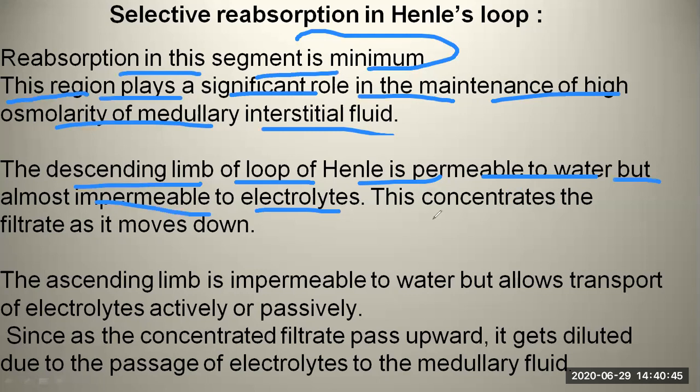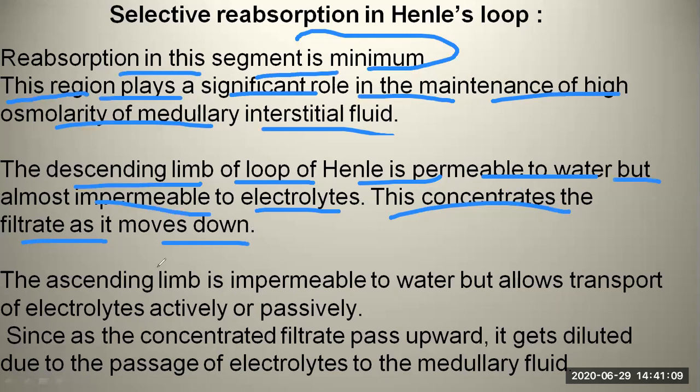This concentrates the filtrate as it moves down. And I had already discussed, when we move in the descending limb from upwards to downwards, the osmolarity will increase and the filtrate will be hyperosmotic.